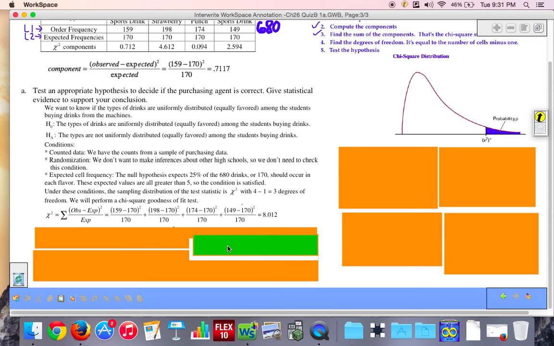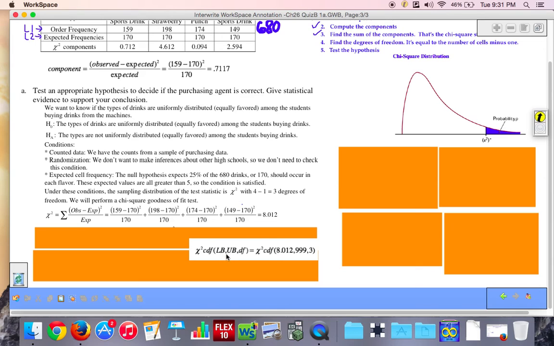Okay, so let's take a minute and figure out how we'd get our p-value. In our calculator, we're going to hit second vars and scroll down to our chi-squared cumulative density function. It's just like a t-score.